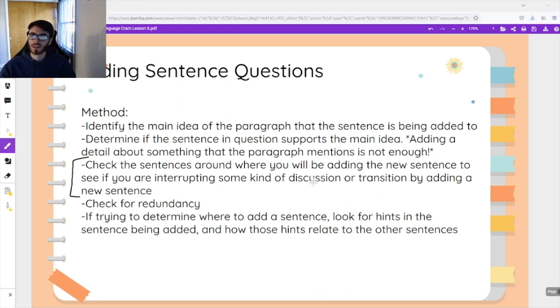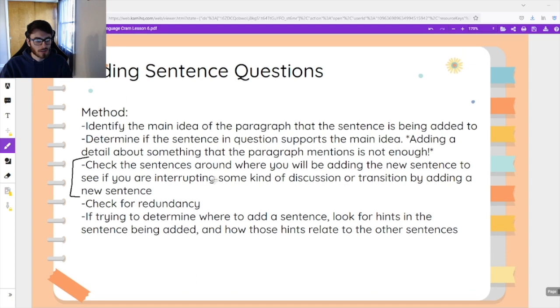Let's say there's a part of the paragraph that talks about what he learned visiting China. Well, you would probably want to add that sentence before that, right? Because if you're talking about him going there, you would talk about him going there before you talk about what he learned while he was there. Those are kind of the hints, what I mean by hints, right? Based on what different parts of the paragraph are talking about, you can kind of piece together where it makes the most sense to put it.